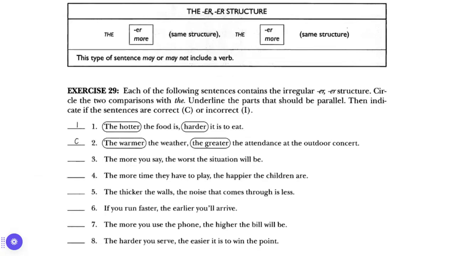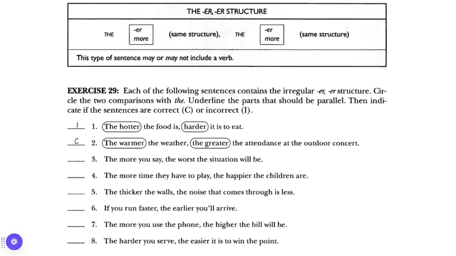Okay. And let's take a look at the ER structure, when we have two comparatives. And this little chart pretty much explains how it should be formed. We continue with the same idea, having a parallel structure, paying attention that the comparison is formed correctly, and to have a balanced sentence.